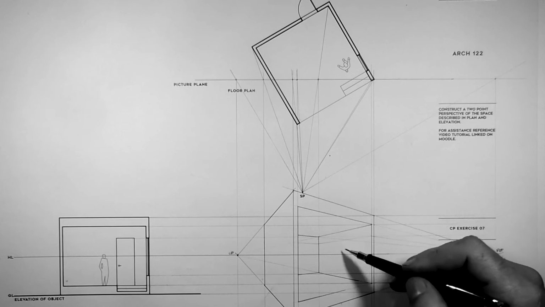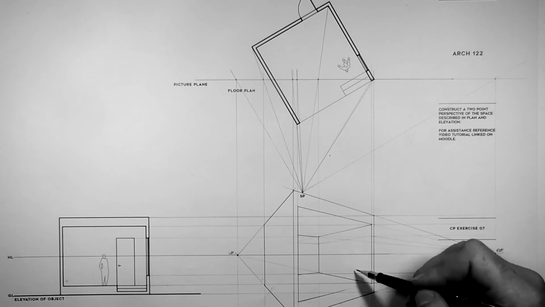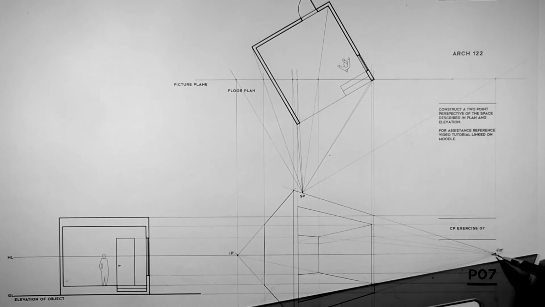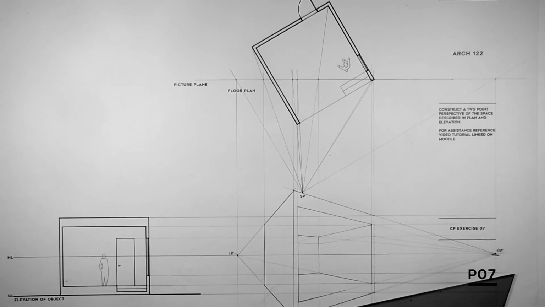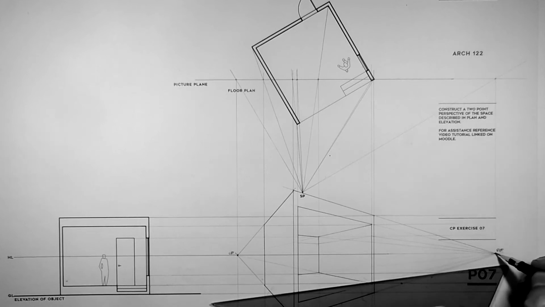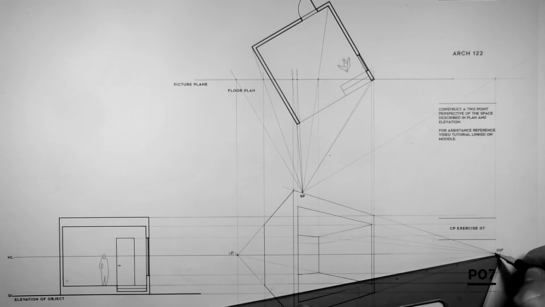Now, let's go ahead and find the windowsill, and then we'll get the verticals in there. The windowsill is projected over from the elevation to our true height line there. So again, to come across the thickness of that wall, we will start with the right-hand vanishing point.